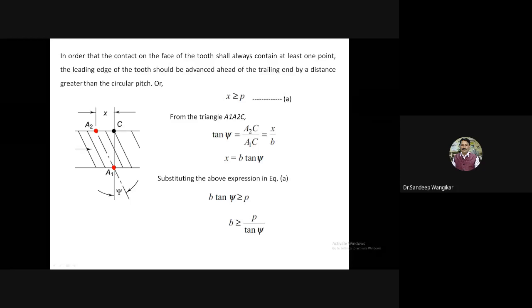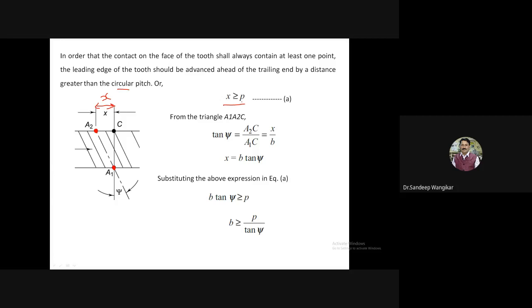So this is the leading edge and this is the trailing edge. This is the distance between the leading edge and trailing edge. Let us say that distance is x. So this x should always be greater than the circular pitch.